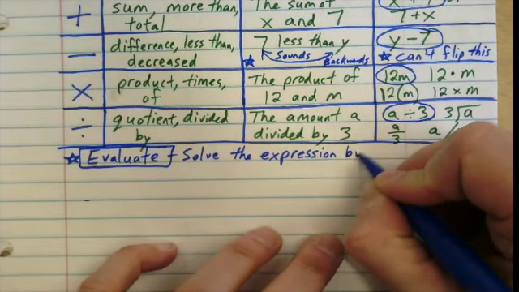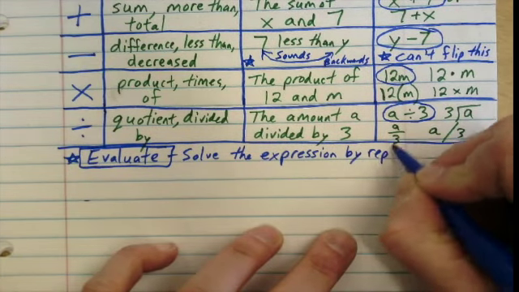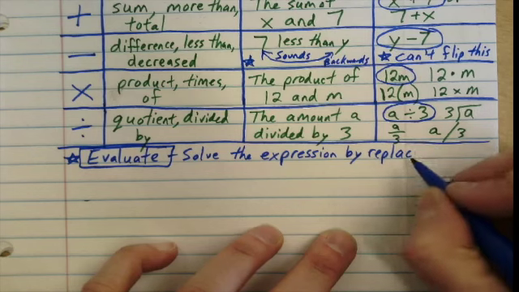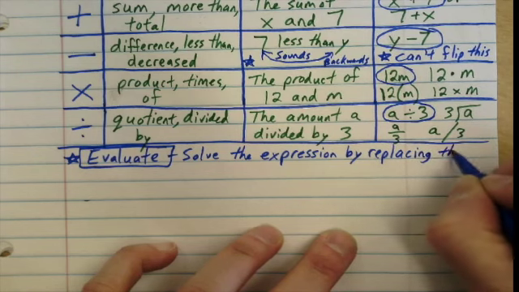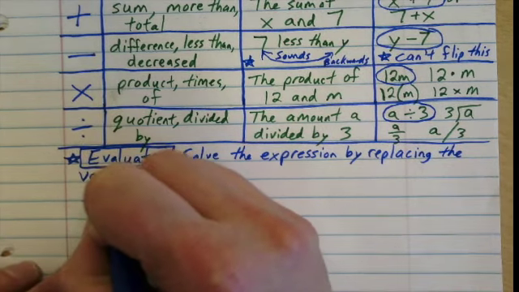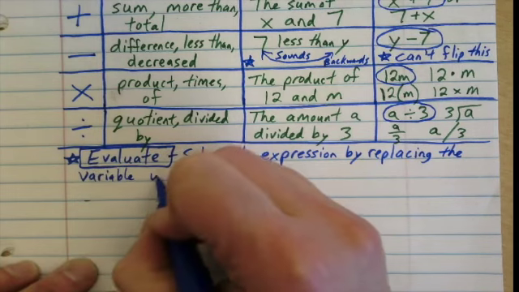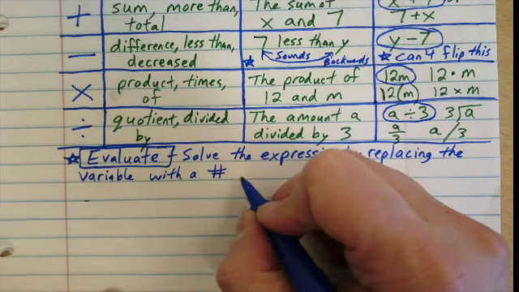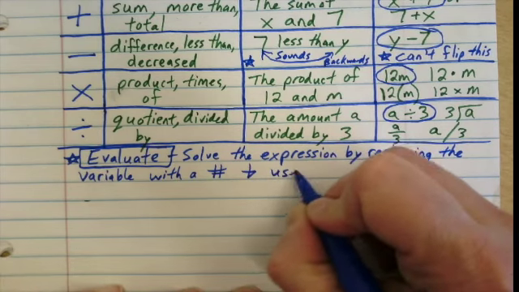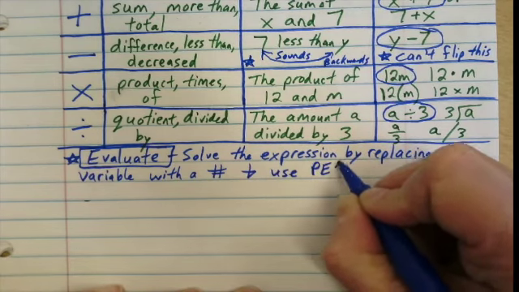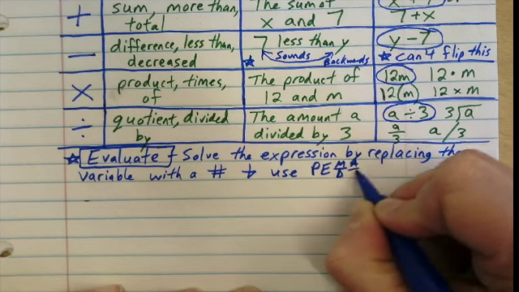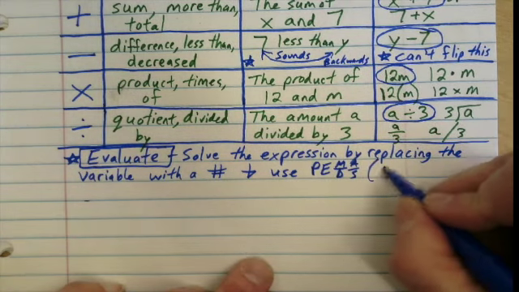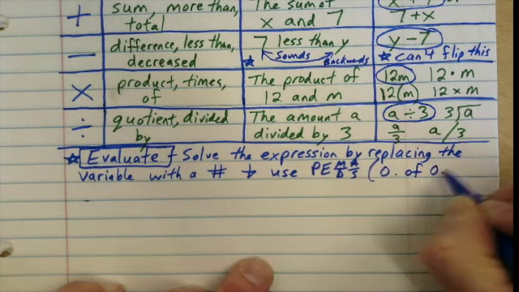Instead of calling it a letter, we're going to call it replacing the variable with a number. And make sure you use PEMDAS, or what we call order of operations, so you are solving it in the right order.